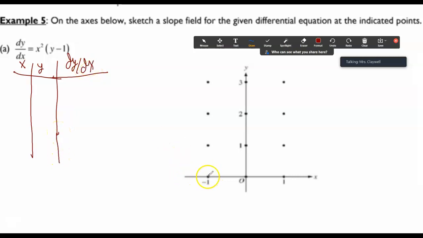Let's just start with -1, 0. When I put in a -1 and a 0, my output is -1 squared times 1, which is -1. So my slope is going to look like this. When I put in -1, 1, I get a 0.